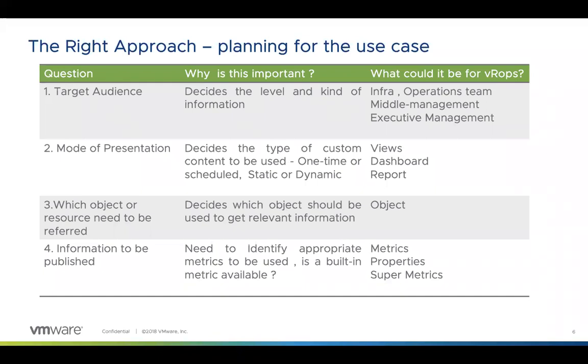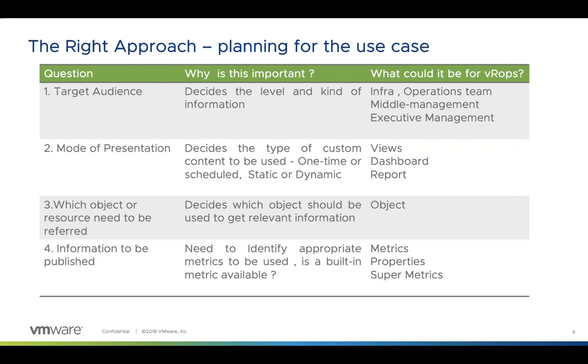And last but not least, what kind of information you need to publish. This is important because you need to identify the appropriate metrics to be used. Is there an inbuilt metric available related to this information?